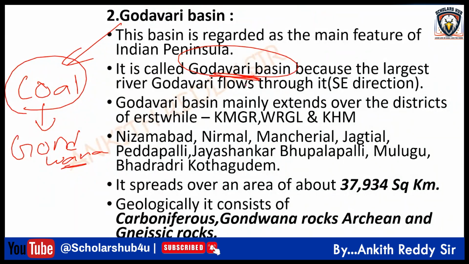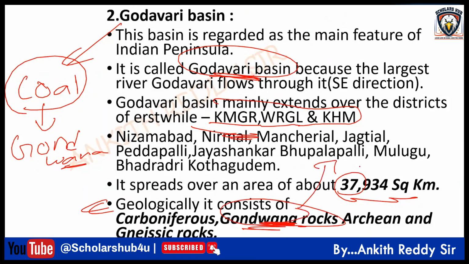It flows through Karimnagar, Warangal and Khammam areas, including Nizamabad, Nirmal, Manchiryal, Jagityal, Peddapalli, Jayashankar Bhupalpally, Mulugu, Bhadradri Kothagudem. It covers around 37,000 square kilometers. Geologically, which rocks are found here? Gondwana rocks, which in this region are known for the coal mineral, remember.